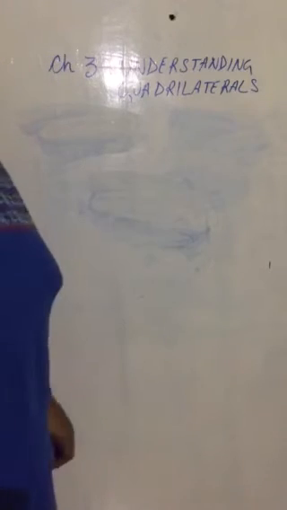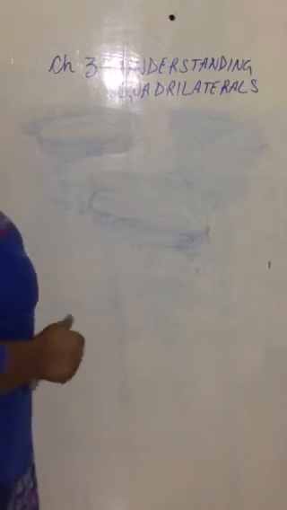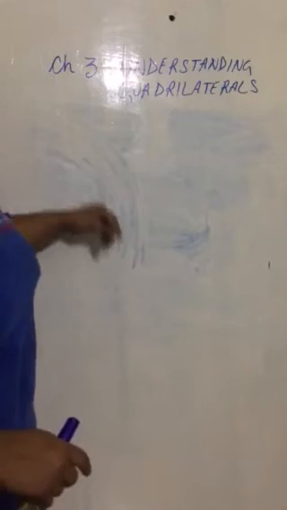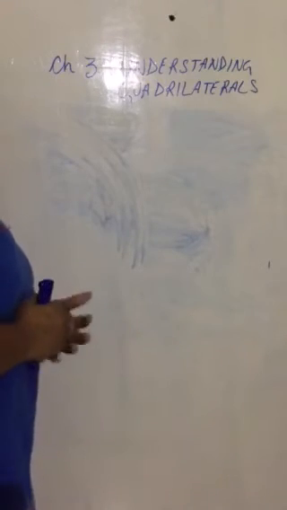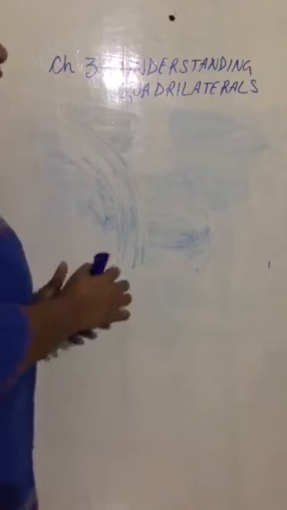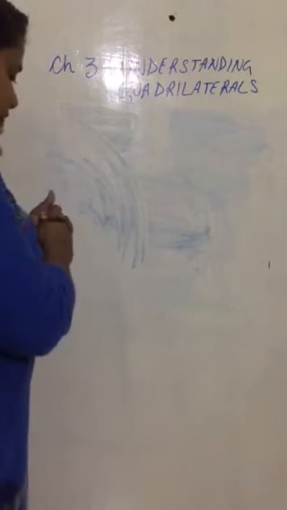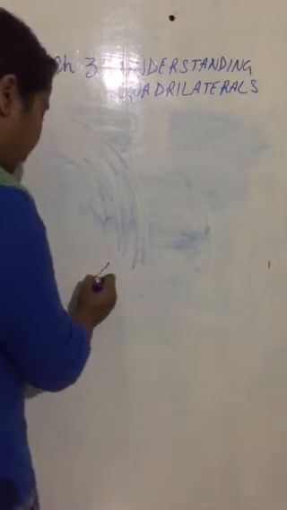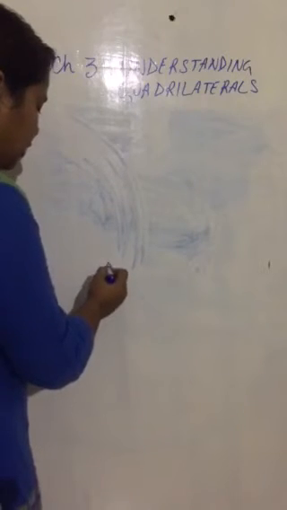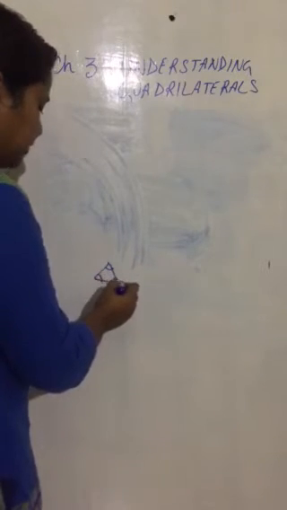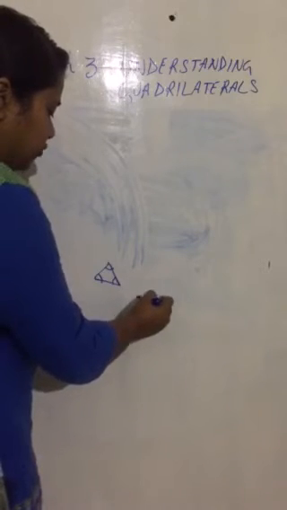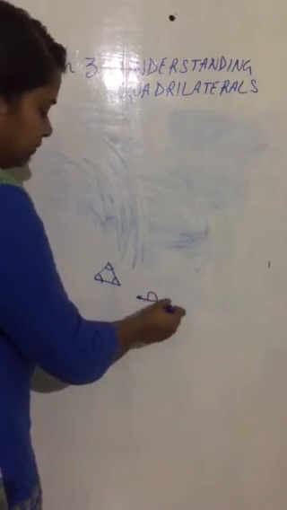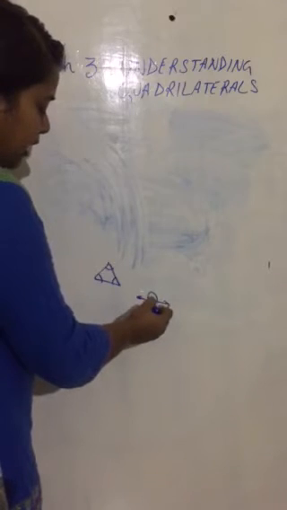Now you all know that the sum of 3 angles of a triangle is 180 degree, and how that you have done in class 6 as an activity, that if you draw a triangle and you cut out the 3 angles and if you paste it on a straight line, it will completely cover the straight line at a point.